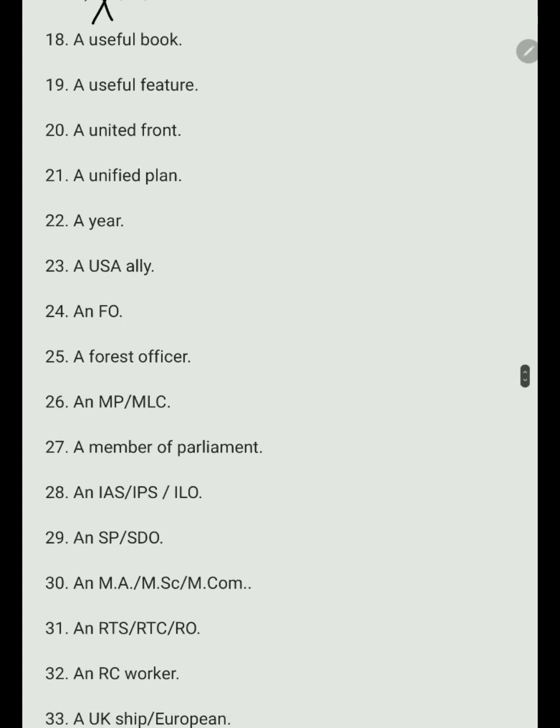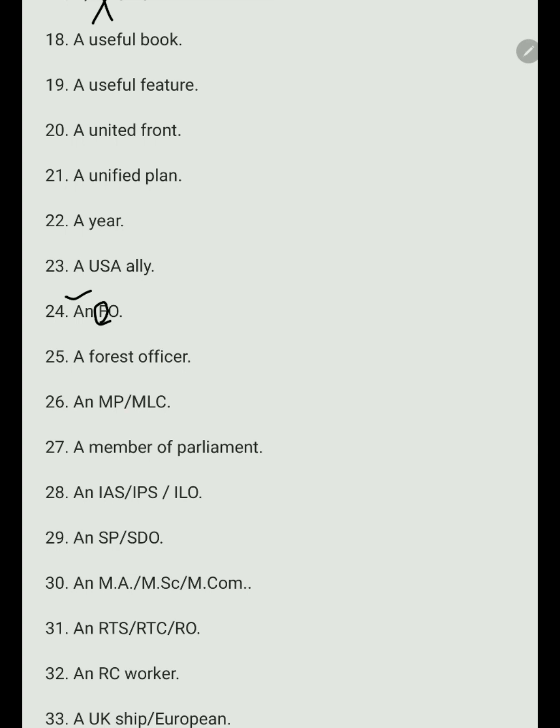So we will use a university, a unity, a union, a useful book, a useful feature, a united front, a unified plan, a year, a USA alley, an FO. Now, though it is a consonant here, we will still use an. Why? Because I am saying ef-oh. Ef is a vowel sound.